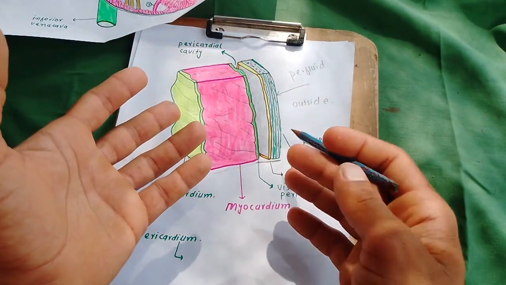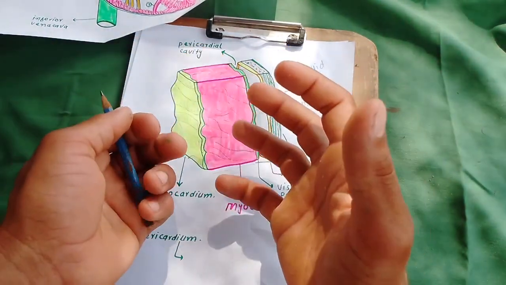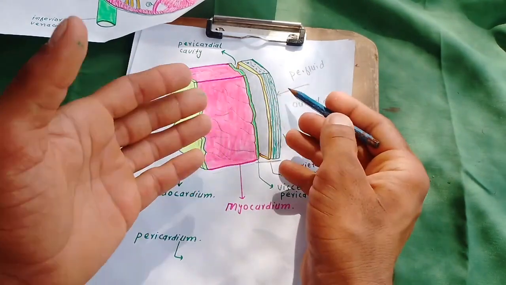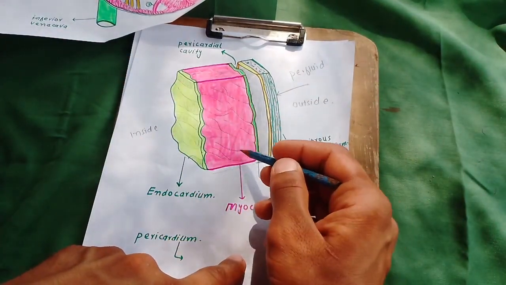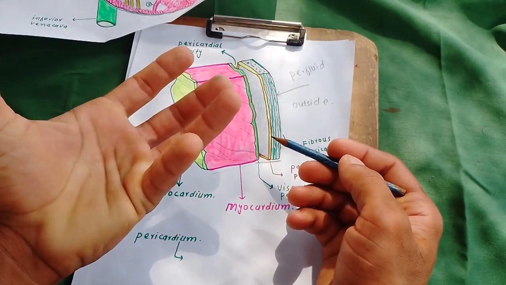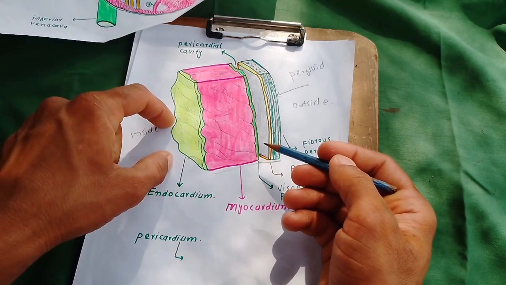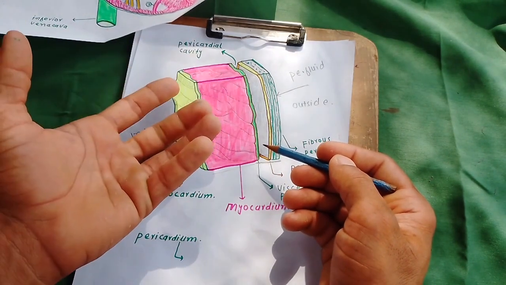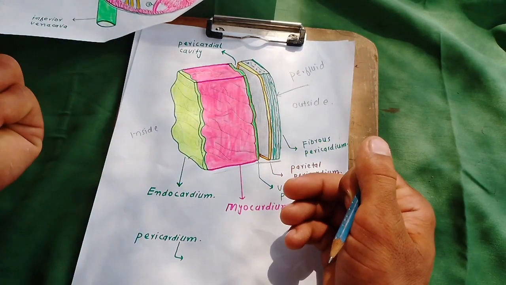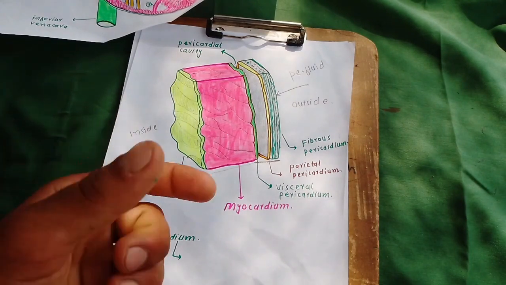The function of the pericardial fluid is to provide lubrication and to absorb external shock. The myocardium is the actual contractile muscle of the heart, called cardiac muscle, of three types. And the endocardium is the sponge-like layer made from endothelial cells. So these are all the layers of the heart.